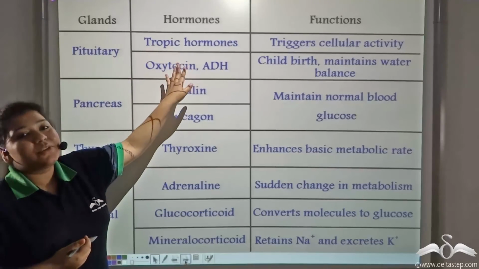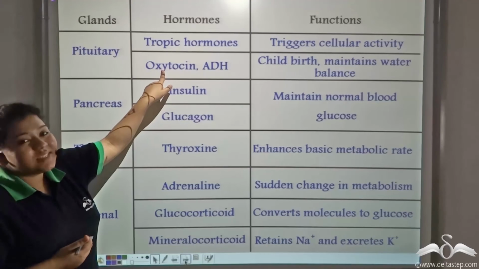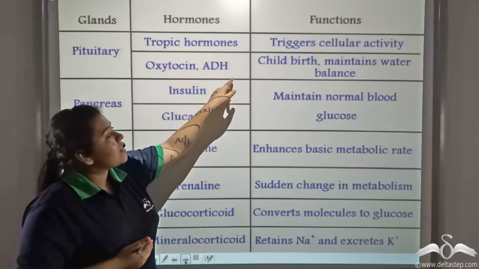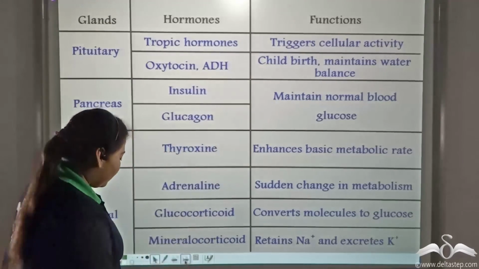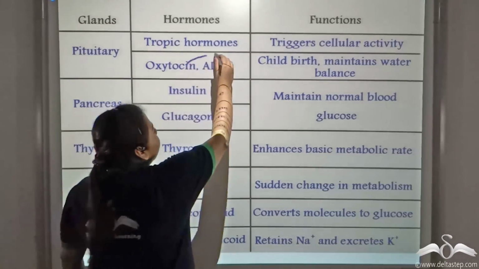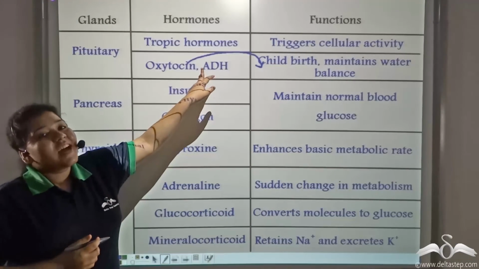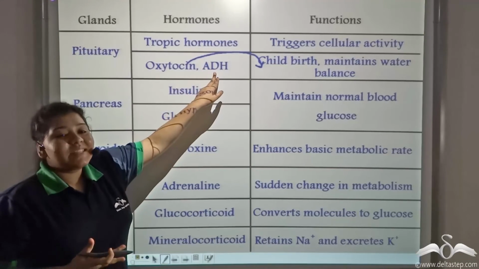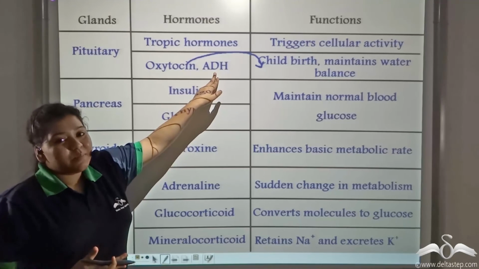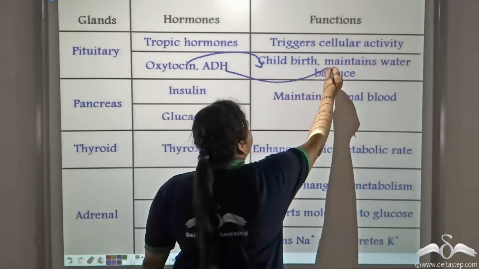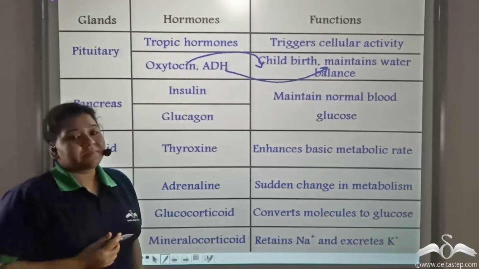The posterior lobe secretes oxytocin and antidiuretic hormone. Oxytocin causes childbirth, and the antidiuretic hormone maintains the water balance in the body by regulating the amount of urine excretion.